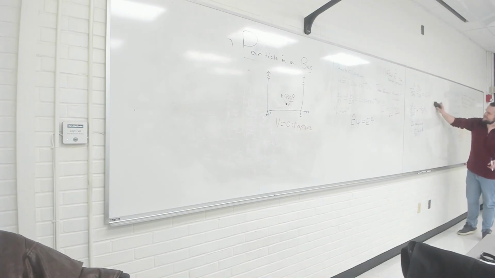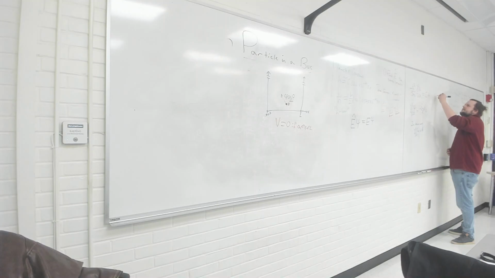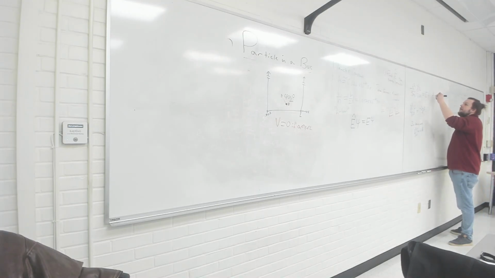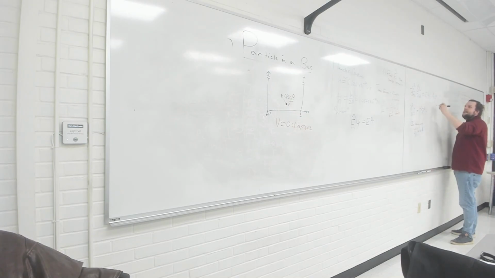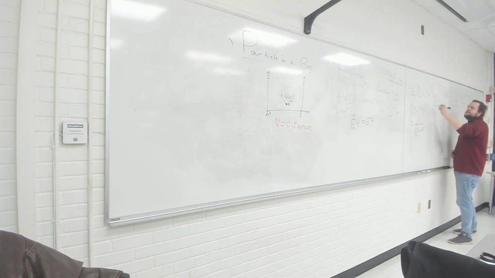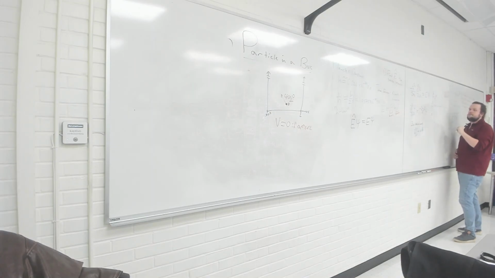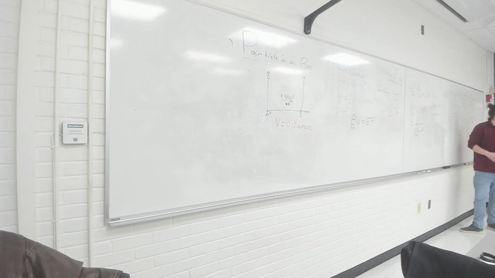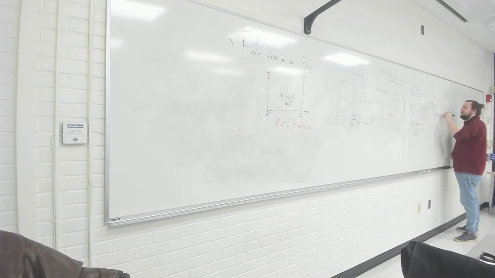However, what if I take e to the ix? Well, that is cosine x plus i sine x. Now let's take the derivative of that. What's the derivative of cosine? Negative sine x. What's the derivative of sine? All right, let's take the second derivative of that now. Let's take another derivative.